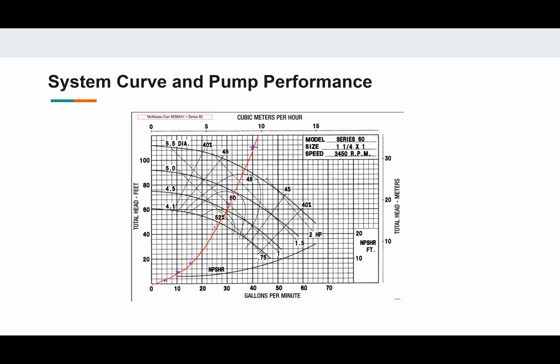And this is for a Series 60s model, impeller size at 4.5 inches, and speed at 3,450 RPM.